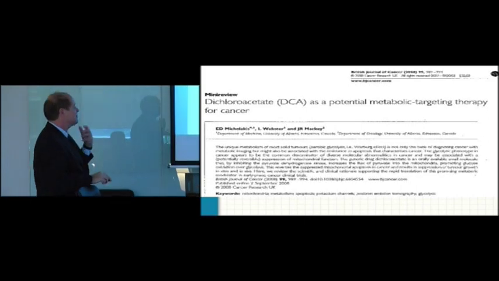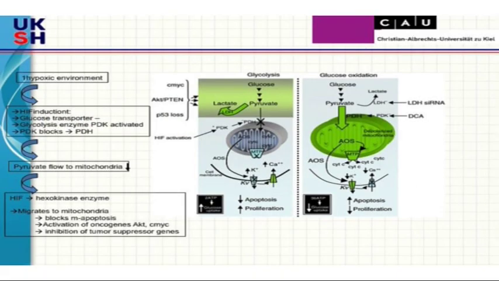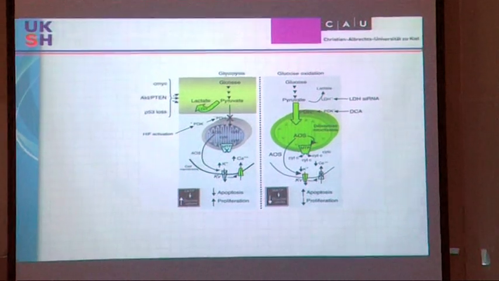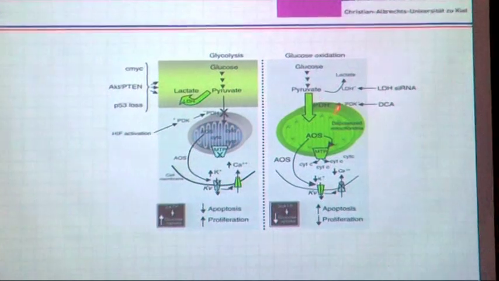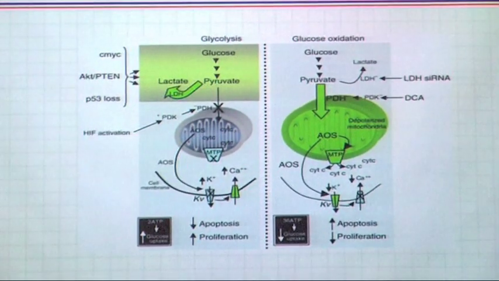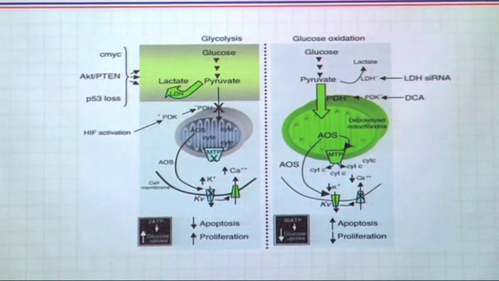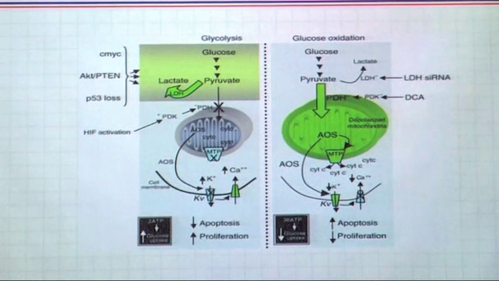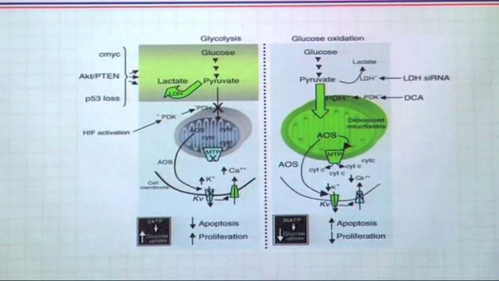Coming back to the biochemistry of glucose metabolism, under aerobic conditions, the enzyme pyruvate dehydrogenase, PDH, converts glucose-derived material into pyruvate, and pyruvate is the most important molecule for the mitochondria to produce ATP, the energy unit which all mechanisms in our body need.